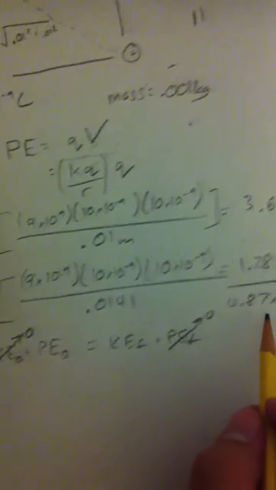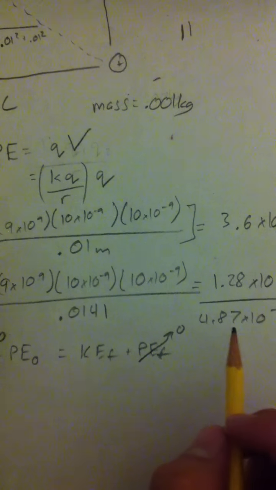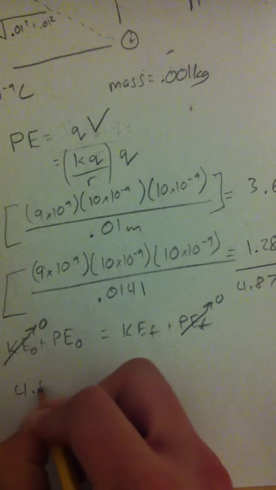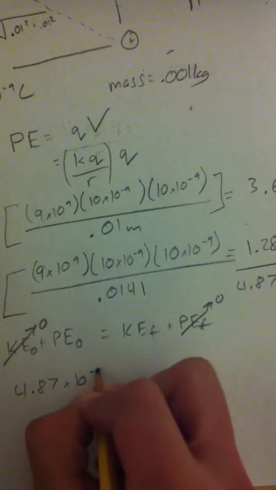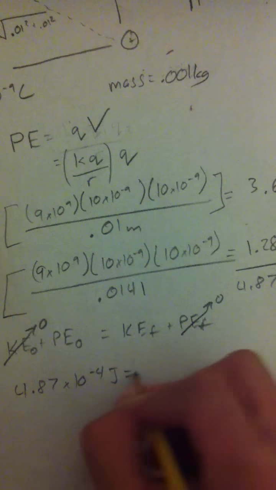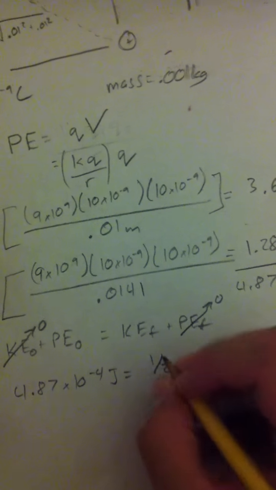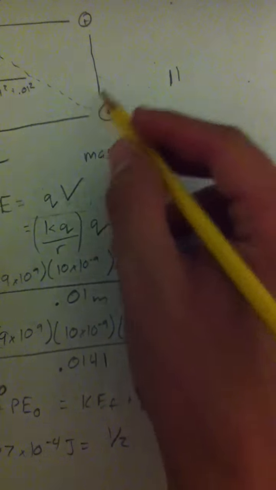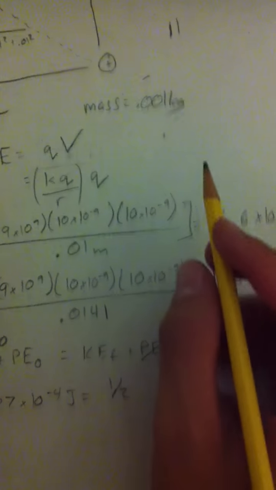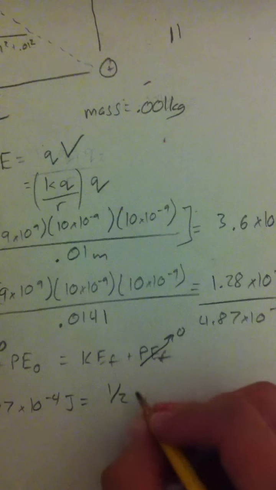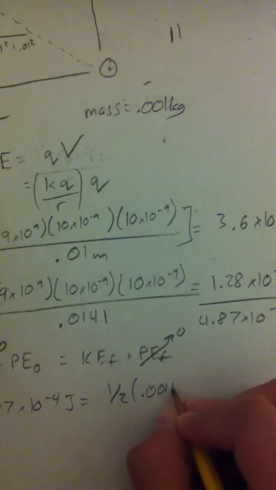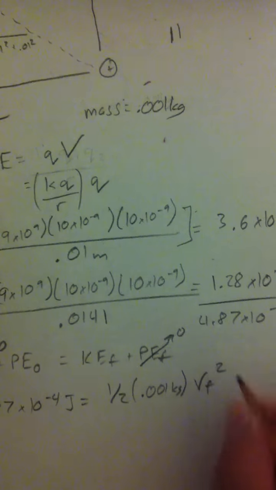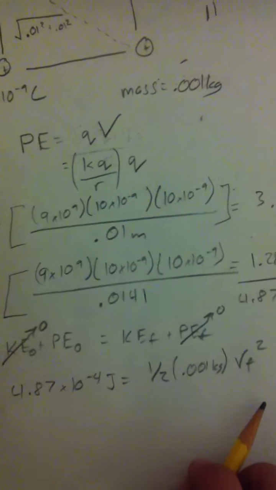So we can dump the number that we found for our initial potential energy right here, joules. That's going to equal 1 over 2 times M, the mass of the ball, which is 0.001 kilograms, times V final, what we're trying to solve for.